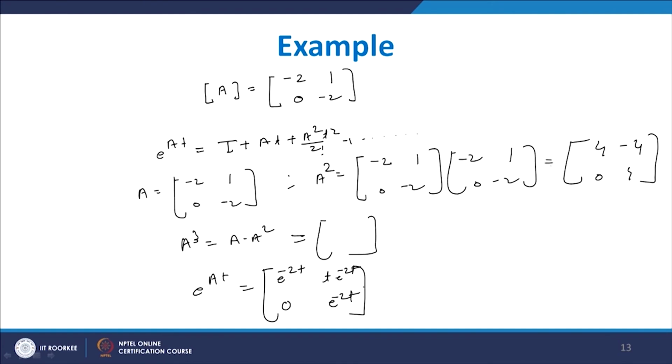That means, what you do? You have to determine a square, a cube, a 4 like this, replace these values, and from this same expression taking different elements we will get e raised to minus 2t. That e raised to minus 2t portion is nothing but 1 plus minus 2t plus minus 2t square by factorial 2 plus minus 2t whole cube by factorial 3.